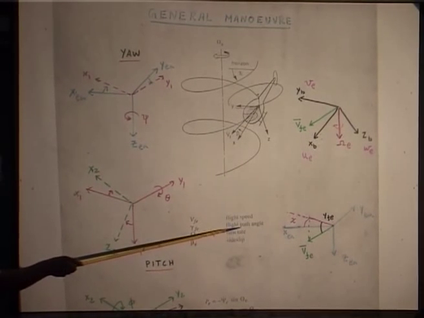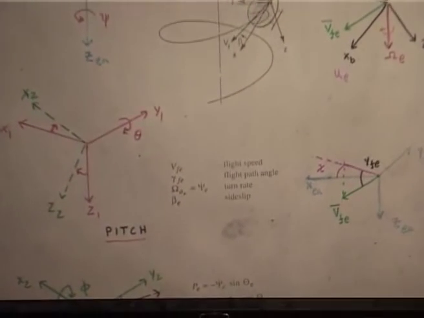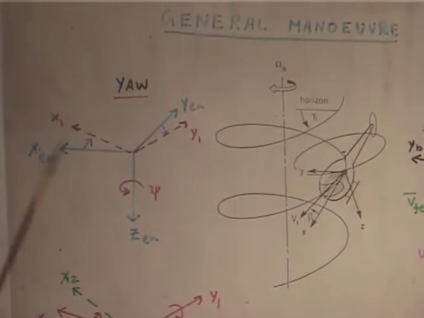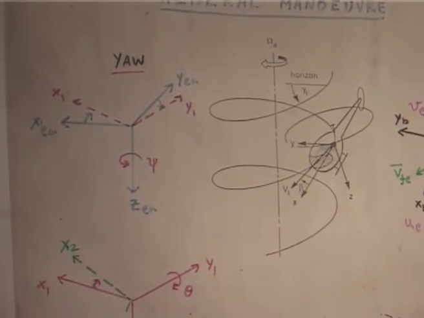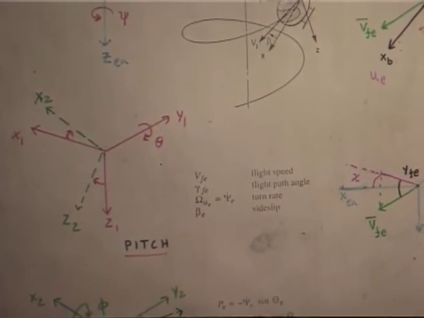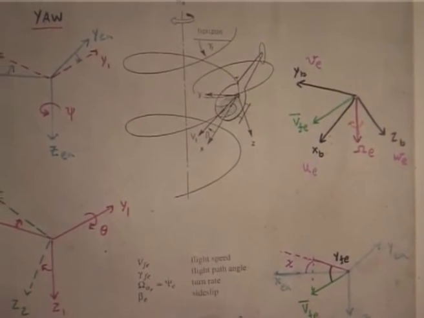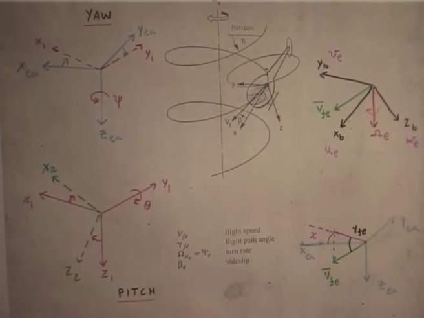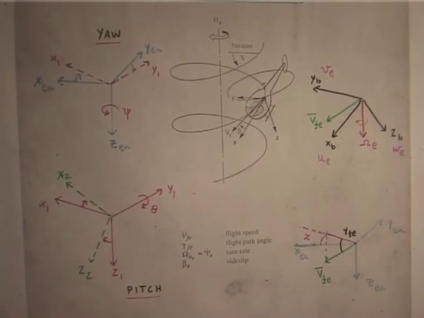And then you also define one turn rate, the rate at which the helicopter is spinning about a vertical axis. You can say turn rate or spin rate, anything. And of course, one more quantity you specify is the side slip. We will define what side slip is. Only these quantities are specified.